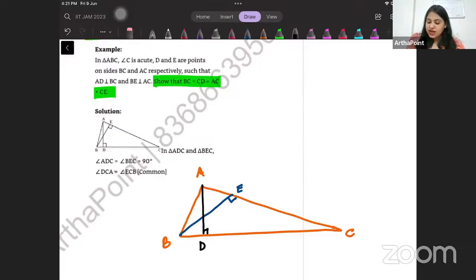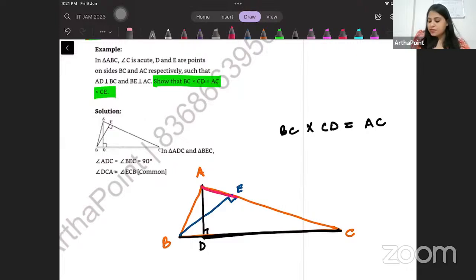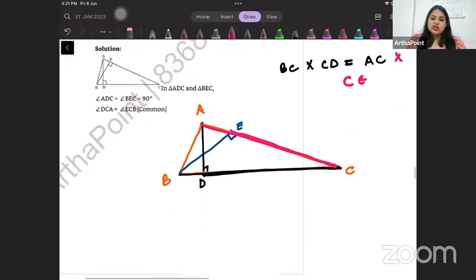And it is saying that BC, that means this, into CD, that means this, should be equal to AC, that means this, into CE, that means this. So beta, what can we go ahead and do in this case?